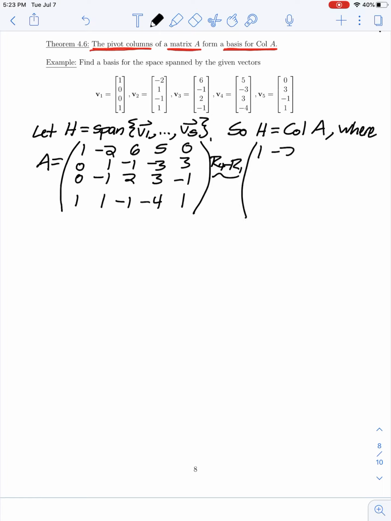So my first row will remain as 1, -2, 6, 5, 0. My second row will be 0, 1, -1, -3, 3. If I perform this operation on my fourth row, I would have 0, 3, -7, -9, and 1.